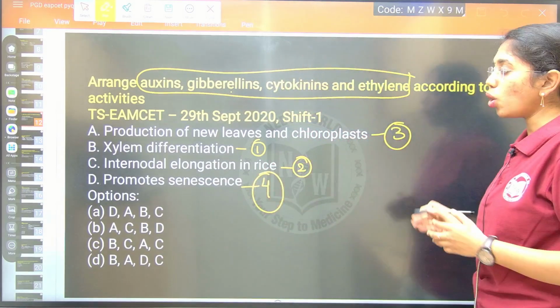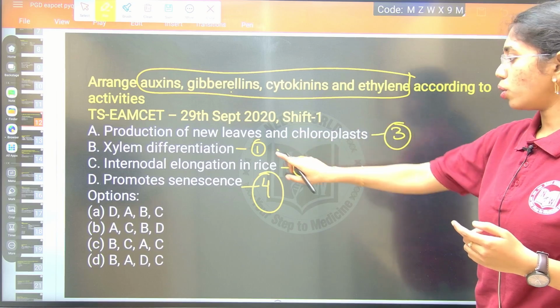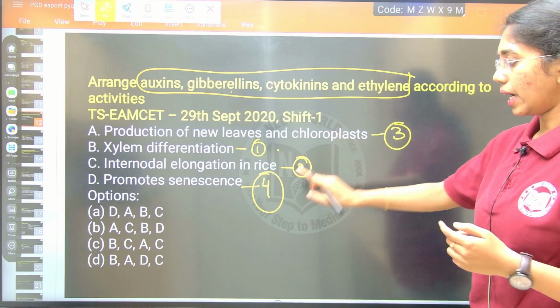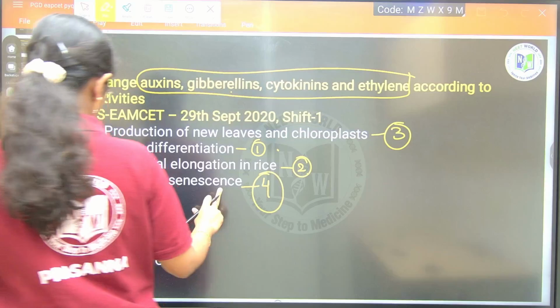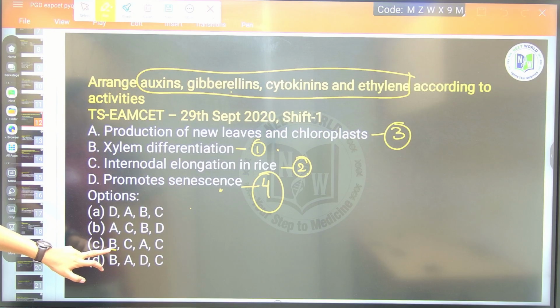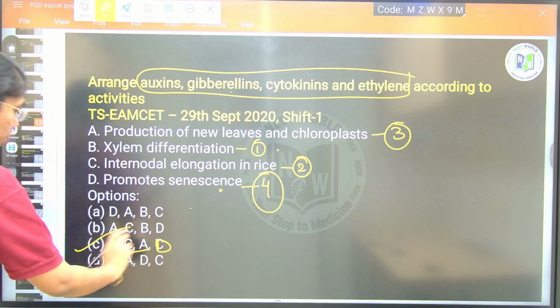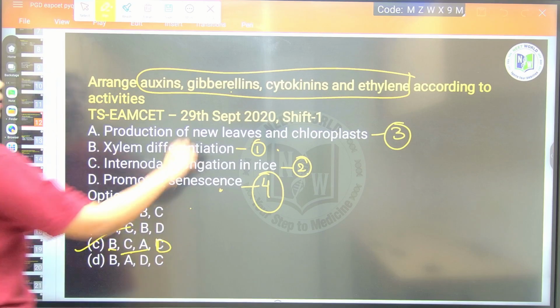The right order is E followed by C and then A and then D. Option C. Clear, right?